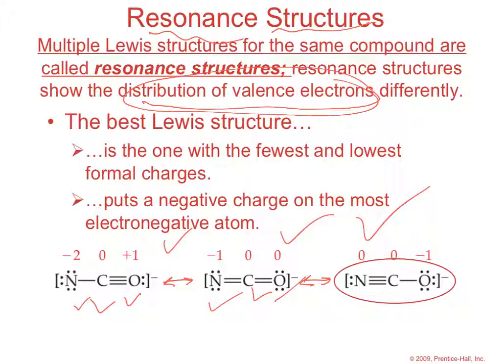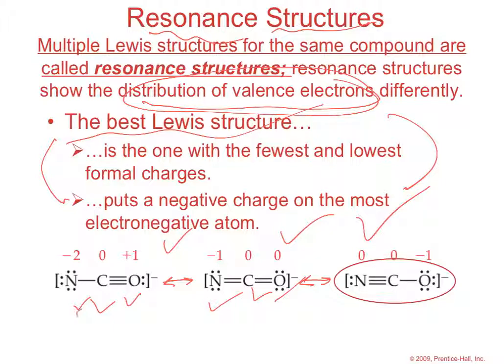But it's simply where you have placed those valence electrons. So again, the best Lewis structure, as we've learned already, is the one that minimizes formal charge. But there are some cases, this is really kind of upper level now, where you will actually have two Lewis structures that have similar formal charges.